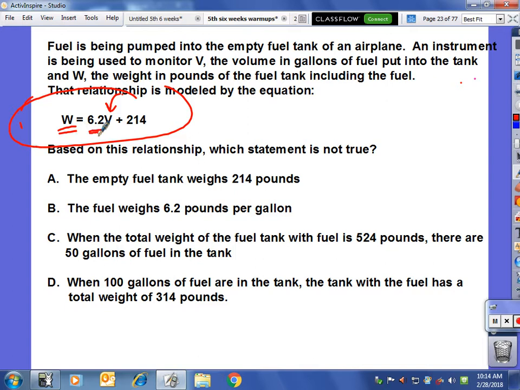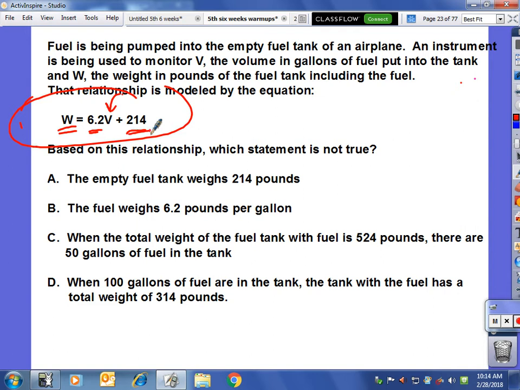Now, what is 6.2? What do you think that is? The weight per gallon, pretty much. Yes. That's the weight of the gas that we're putting into the tank. What is the 214? That's usually where it starts, guys.